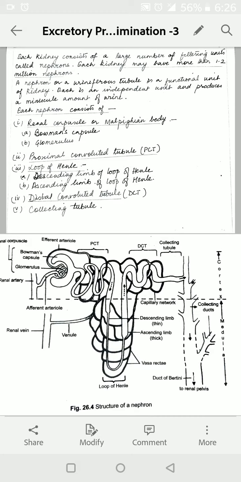This figure here shows you all the 5 regions very clearly. You can see the Malpighian body composed of the Bowman's capsule and the glomerulus.